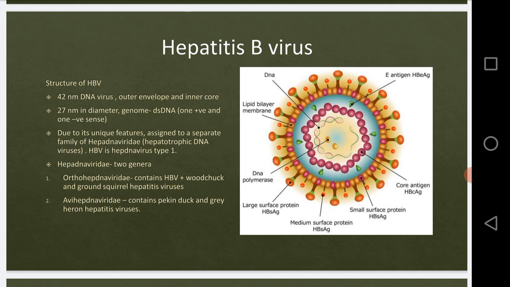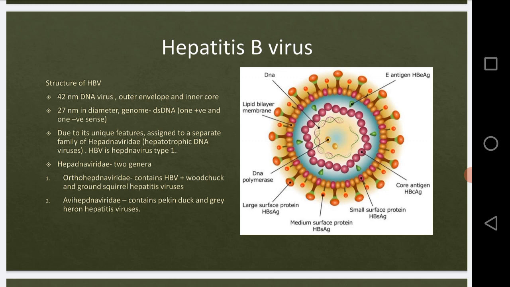HBV is the hepadnavirus type 1. Now this family, Hepadnaviridae, has two genera: one is Orthohepadnavirus and the second is Avihepadnavirus.